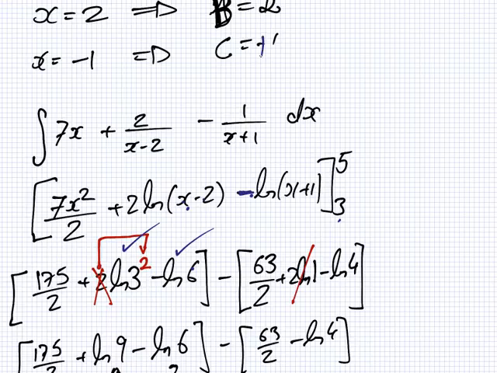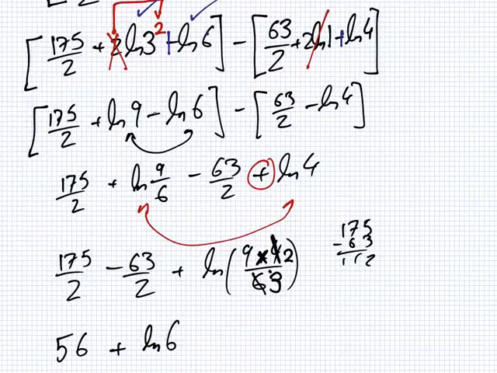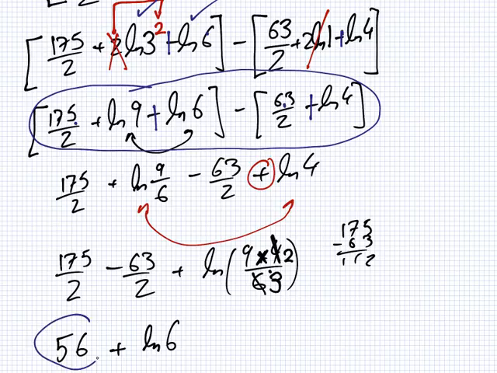So this should be +1, yes? Which makes that a plus, which makes that a plus, which makes that a plus. Okay, so we just need to take it from this line then. 175 over 2 minus 63 over 2, it's still going to be 56.